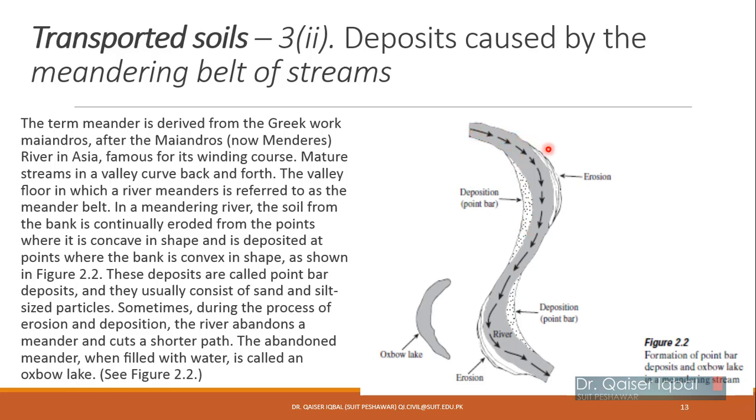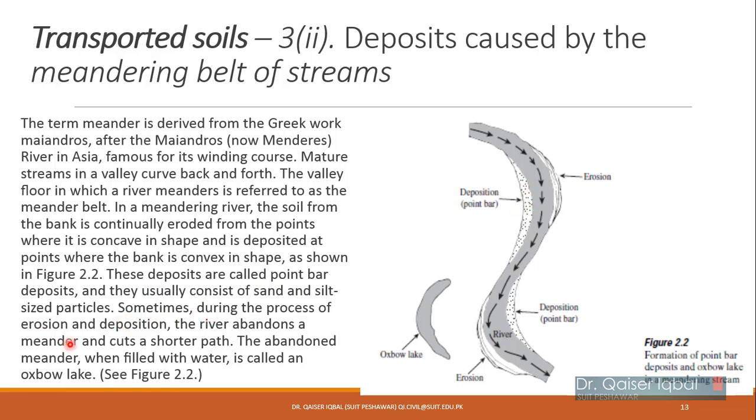So it is changing its course from this to more convex like this. Okay, so it will be widening its curve with the passage of time. Okay, so it will be eroding the soil from here and depositing it over here. Okay, and similarly in this place it will be eroding from here and depositing at this location. Okay, so these deposits are called point bar deposits. This is called point bar deposits.